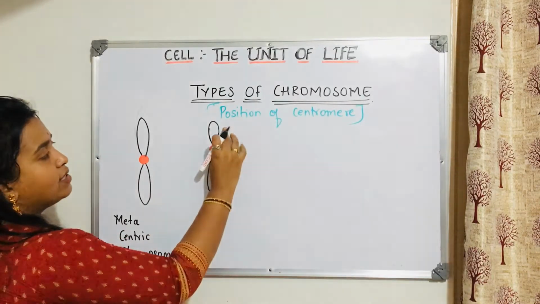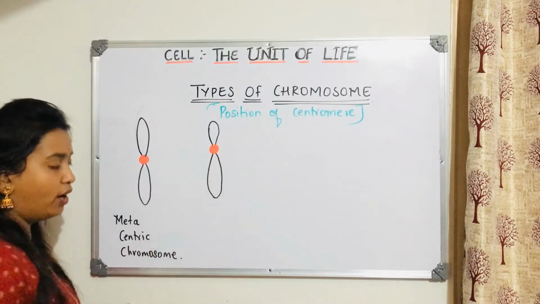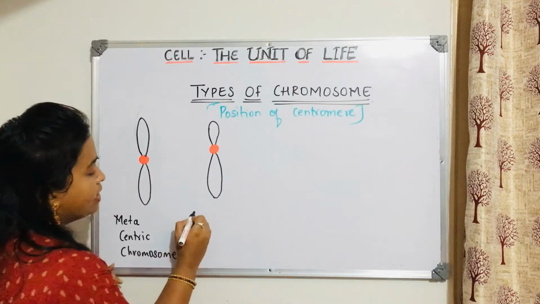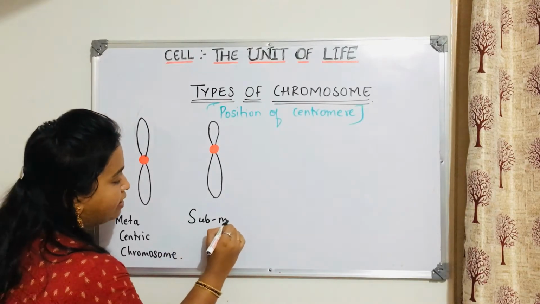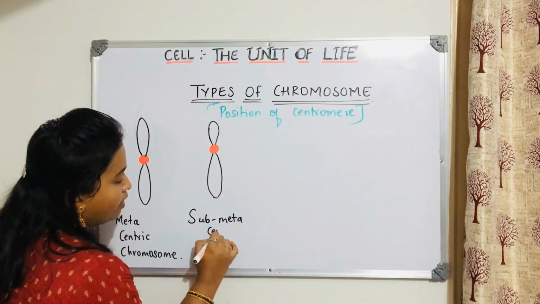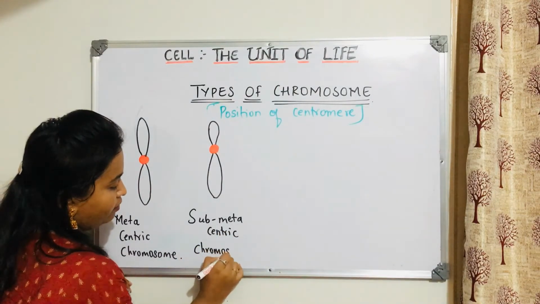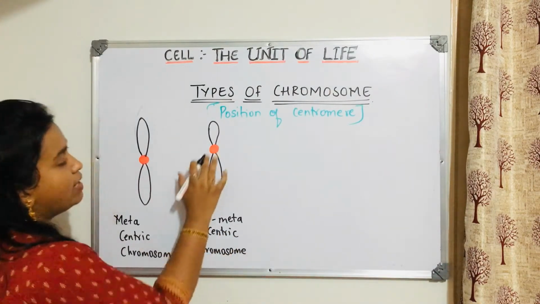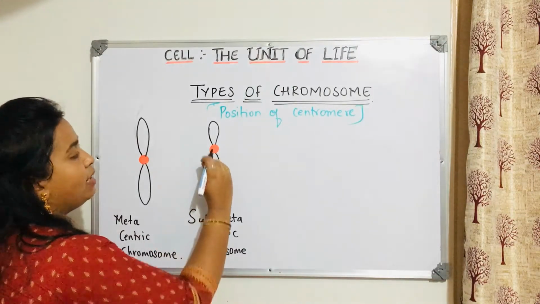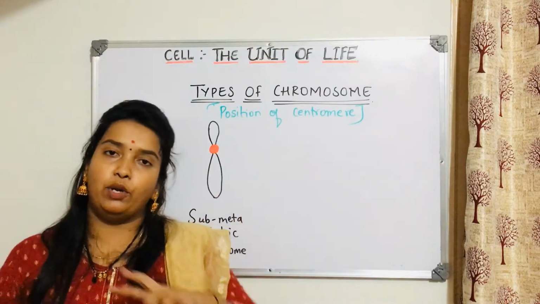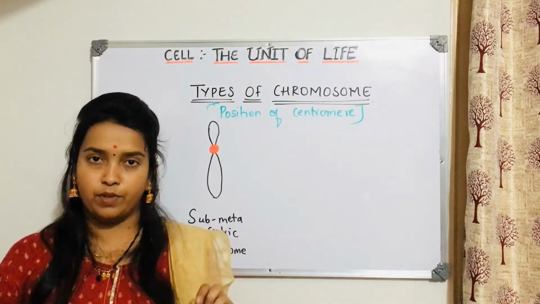Here you can see P is smaller, Q is longer. And then this type of chromosome, we call it as submetacentric chromosome. Where is the centromere here? Little bit away from the center. Now it is dividing the chromatid into two unequal parts, right?